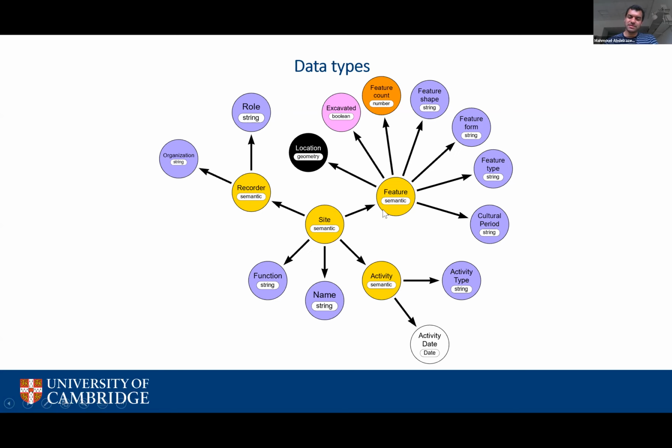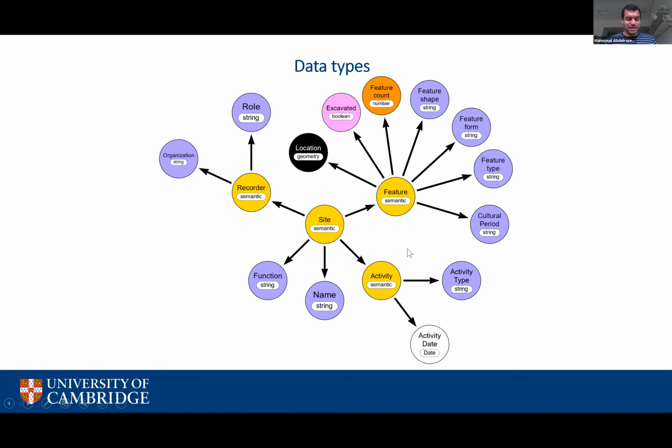So we can see that a feature is connected to the site, and the feature type or the cultural period are connected to the feature, which is connected to the site. So we can use these nodes as a form of bridge between the end or terminal nodes and the central ones.